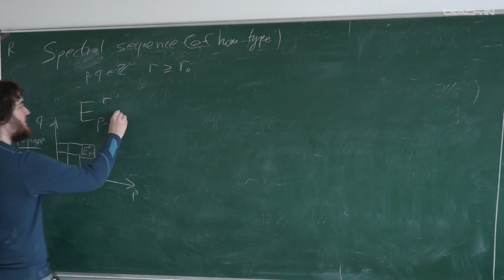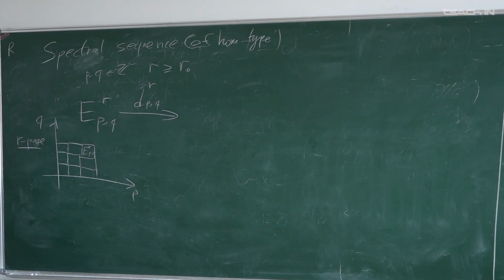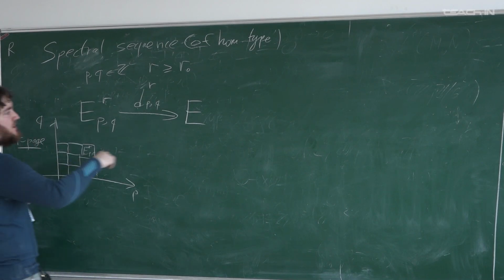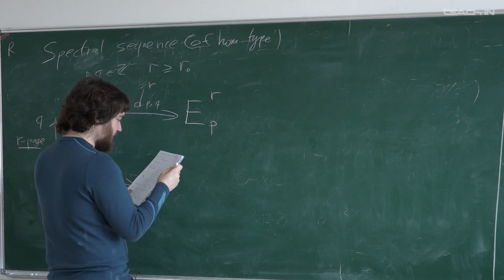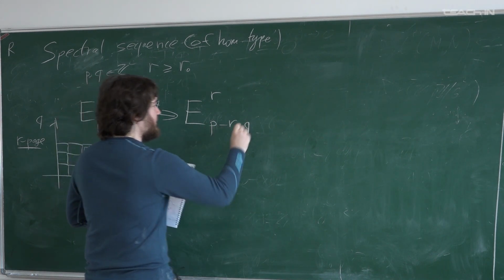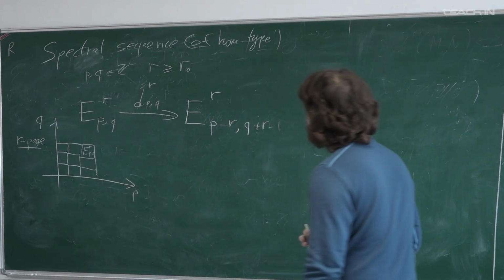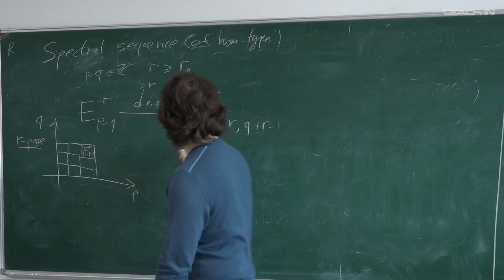And we have a differential. The differential acts on this page and has bidegree (-r, r-1). So for any fixed r, for any p, q, we have differentials on this page.